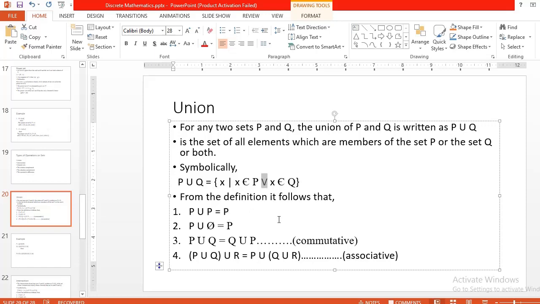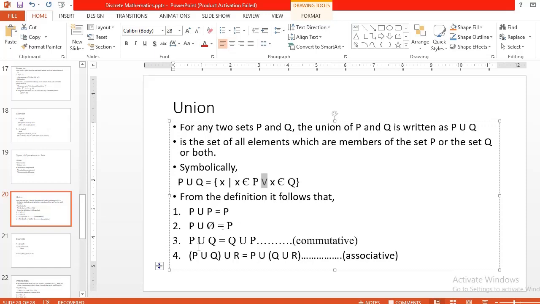From the definition some laws follow. So P union P is always equal to P. Second, P union phi is always equal to P, because phi contains no element.